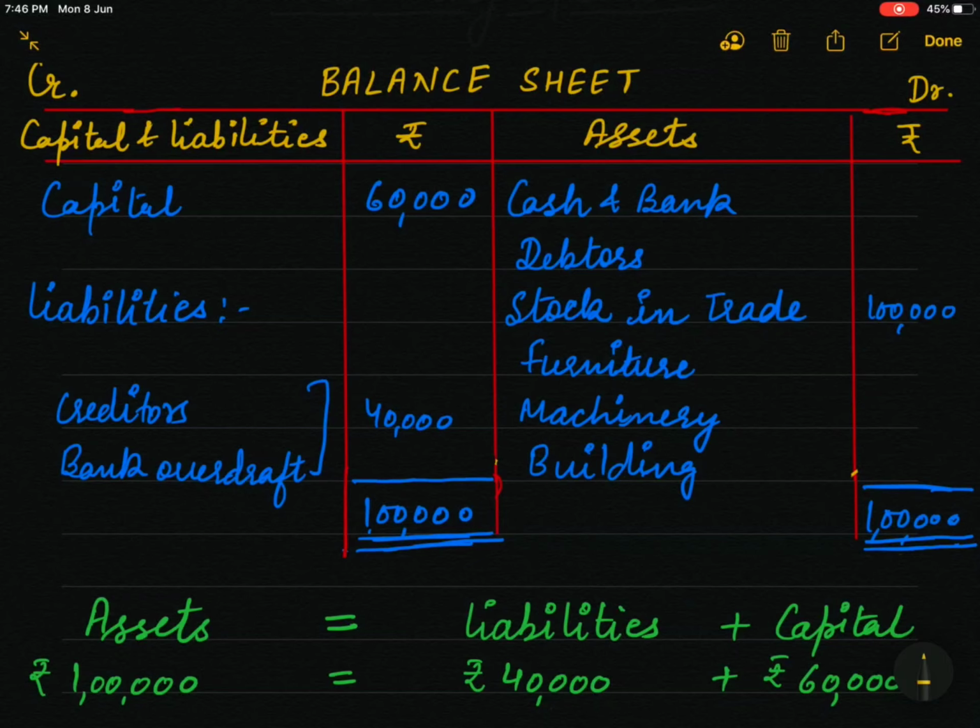The total of the asset side is rupees 1 lakh and the total of the liability side is rupees 1 lakh: 60,000 capital and 40,000 the balance of liabilities, creditors and bank overdraft. 1 lakh is equal to 1 lakh, which means asset is equal to liabilities plus capital, right? And you can prepare a balance sheet of any particular date for knowing the financial position of your business.